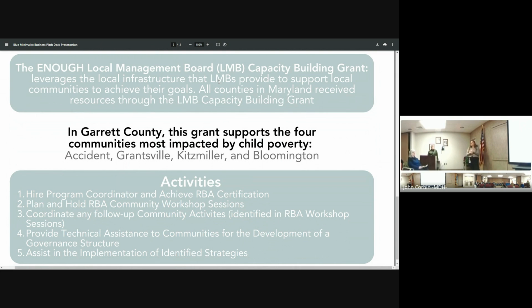So there weren't any communities in Garrett County that quite met that. But we did get the Enough Local Management Board capacity building grant that went to all local management boards in Maryland. So the point of that grant was to leverage the local infrastructure that LMBs provide to support local communities and achieve the goals.